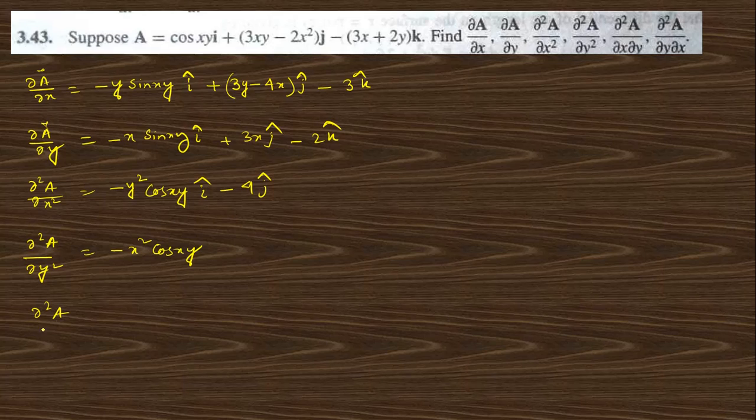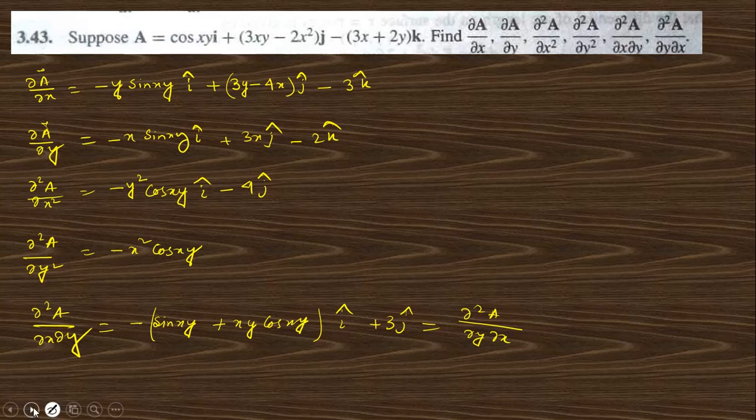Similarly del squared a by del x del y: differentiating with respect to x, you get minus sin xy plus xy cos xy, into i cap, and with respect to x this will become 3 j cap, and this equals del squared a by del y del x.